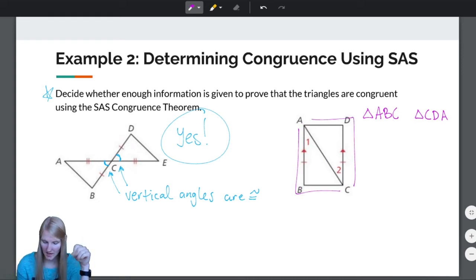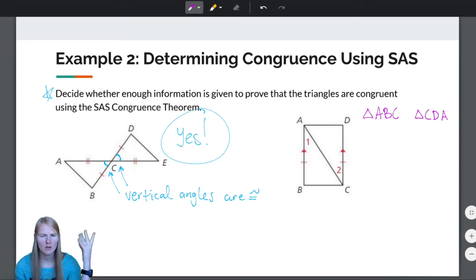ABC, CDA. Okay. And we want to know, is there enough information to prove that these triangles are congruent? Well, we're told that side AB is congruent to side DC.